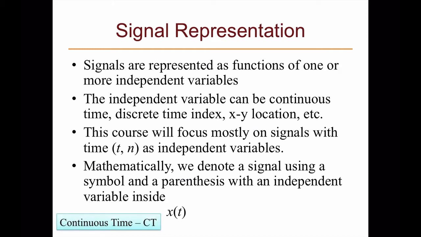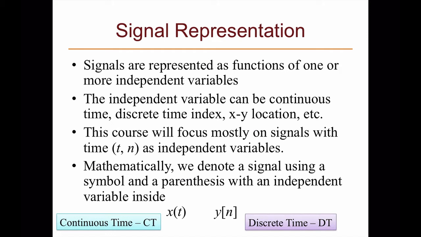For example, we can write x and a small t in the parentheses to denote a continuous time signal. In contrast, y with square brackets and n denotes a discrete time signal. This is just like a function. That is, x is a function of time and y is a function of n.